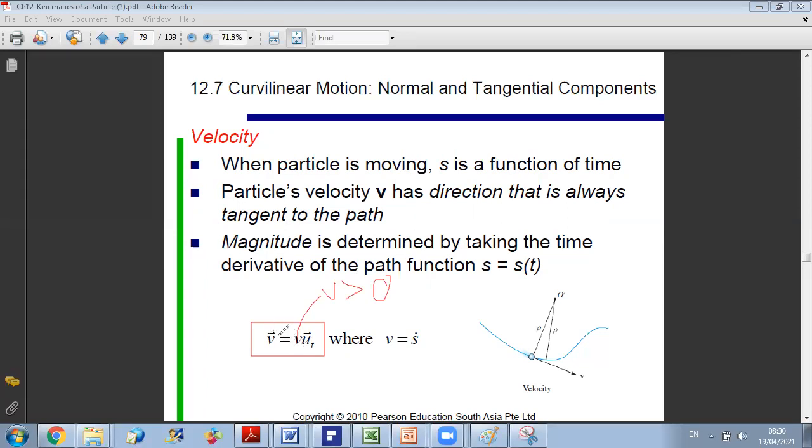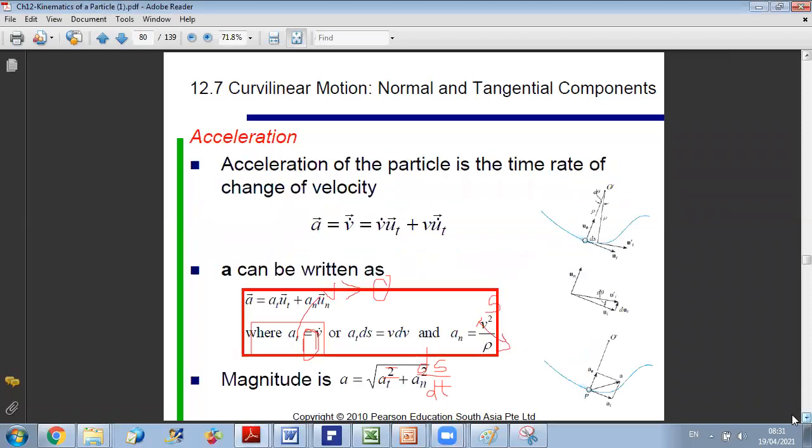Here, no. V is always positive because UT will follow it. So UT will change in sense when V changes in sense. Therefore, if we define a curvilinear coordinate S, as we did last time, so S is a function of time, then the velocity is simply given by ds over dt, and it's always directed along UT, which is tangent to the path.